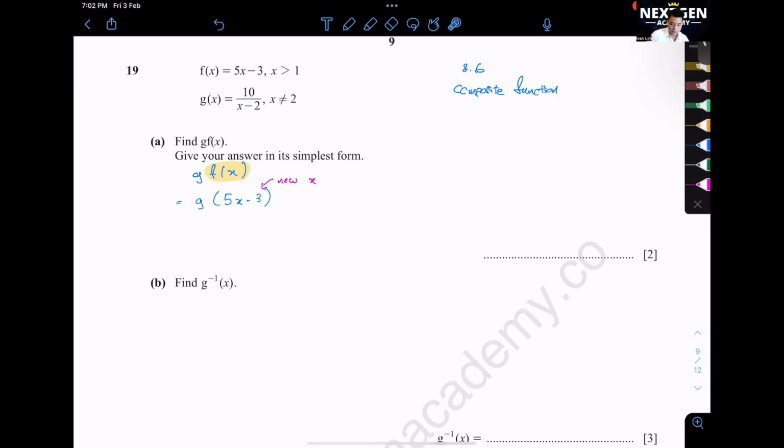Whatever I replace inside the bracket here will affect here. So I get 10 over (5x minus 3) minus 2, which gives 10 over 5x minus 5. We can simplify this: 10 over 5(x minus 1), so I get 2 over x minus 1.